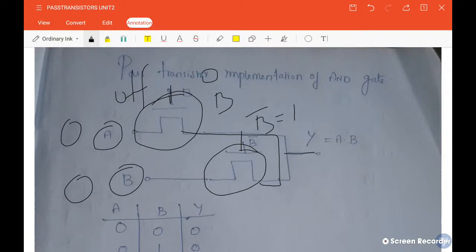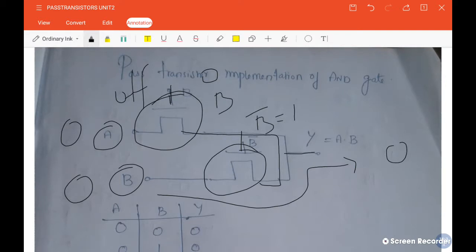It is getting B bar equal to 1, a high input signal, so this NMOS is now turned on. Due to that, whatever signal is given to this input, 0, is passed on to the output. So you will get 0 as your output. When A equal to 0 and B equal to 0, your output is 0.